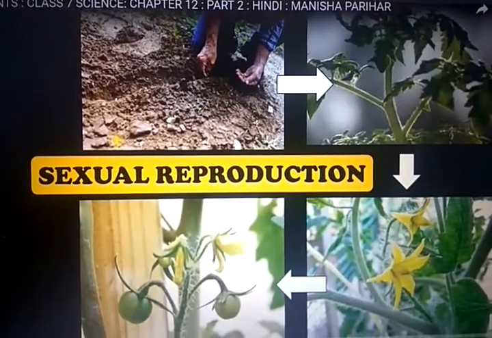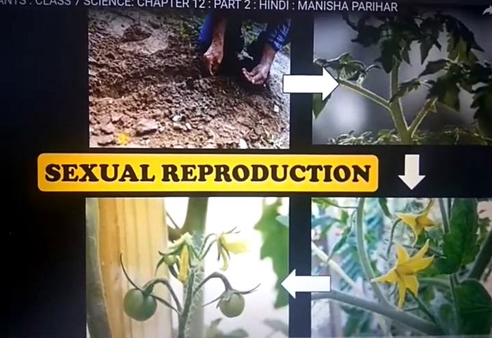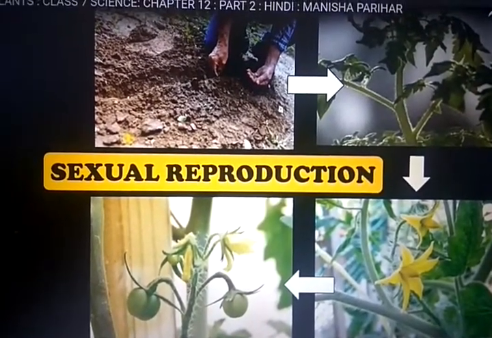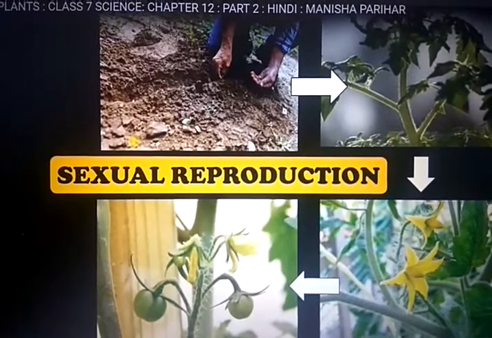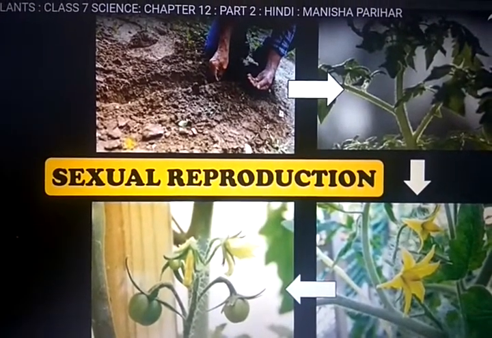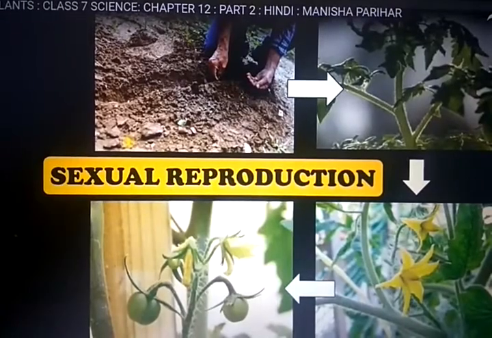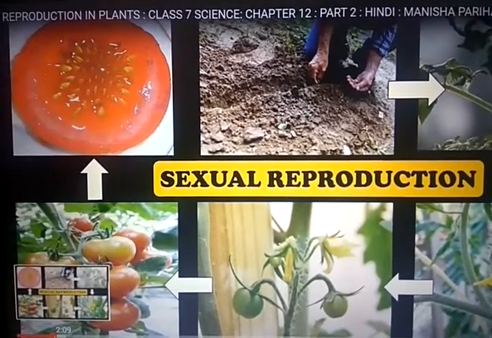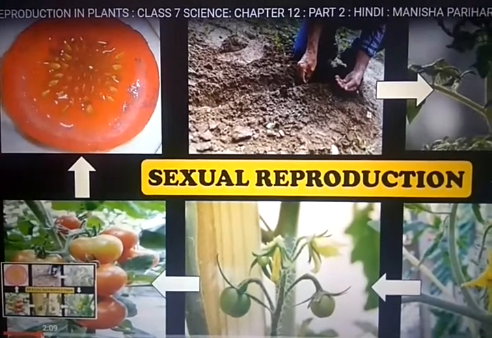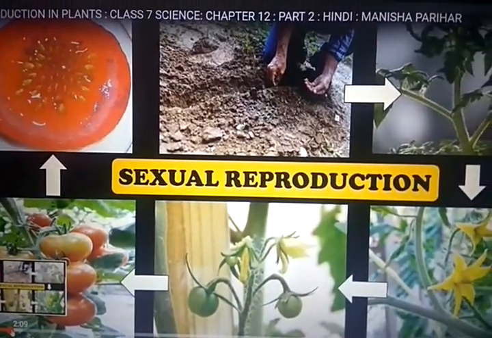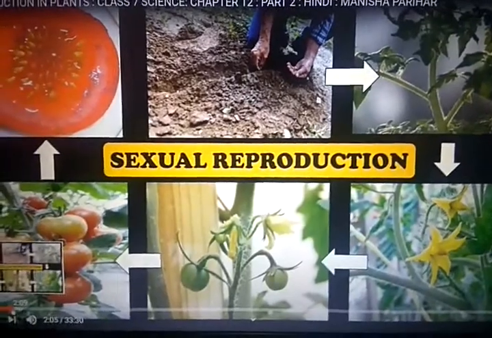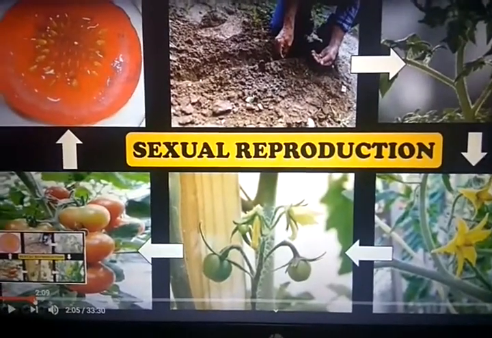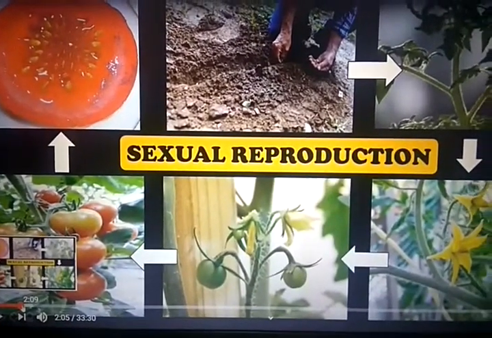As we have seen in the definition, sexual reproduction requires seeds. So when we sow the seeds, we will see the plant, correct? Here you see the example of the tomato, where seeds grow into the earth, and we can see the plant, and we will see the plant's fruits.